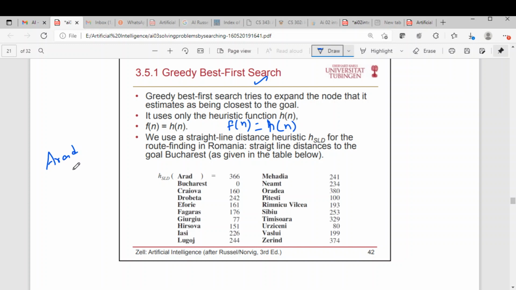Let us assume that our initial state is Arad, and the goal state is Bucharest. We have to move from Arad to Bucharest.